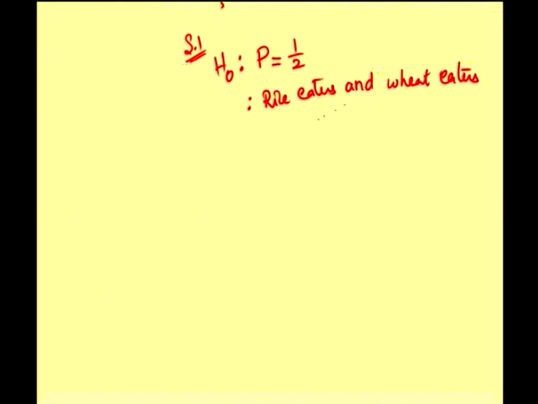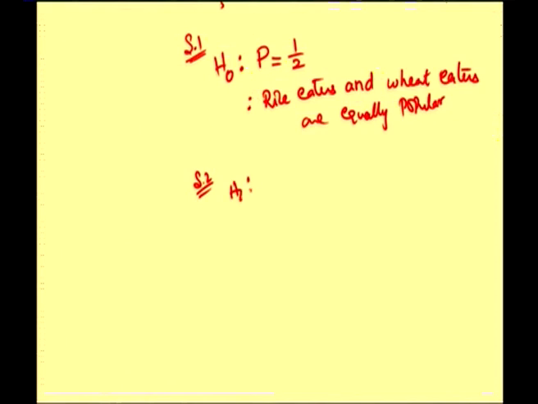Therefore, you should take H naught as rice eaters and wheat eaters are equally popular in the state. Therefore, the alternative hypothesis will be H1: P not equal to 1 by 2. So, in words, rice and wheat eaters are not equally popular.